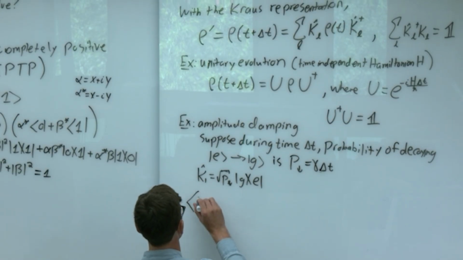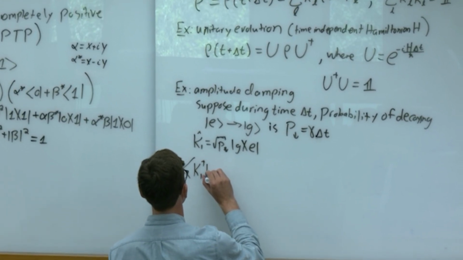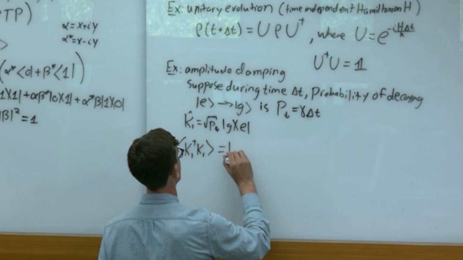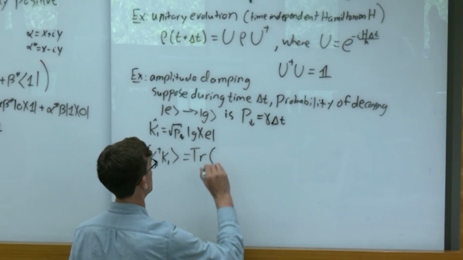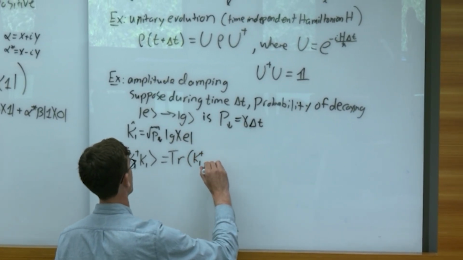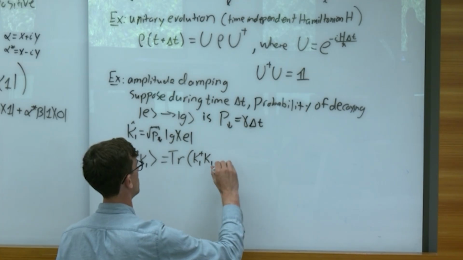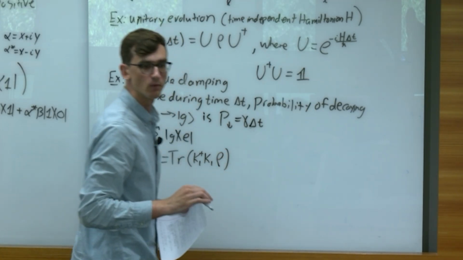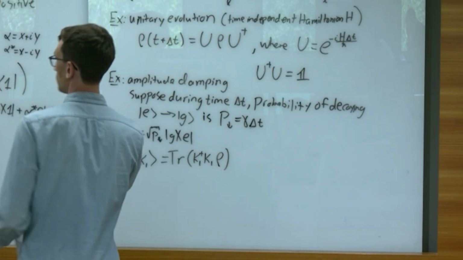So if I compute the expectation value of K1 dagger K1, that's the trace of K1 dagger K1 times rho.